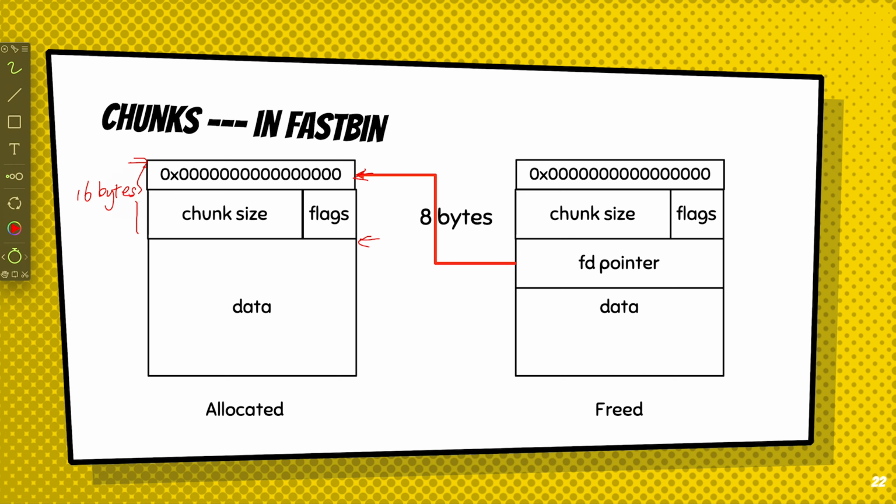It points to the start instead of the data. That's why if you look at a free chunk for fast bins and for Tcache bins, you will realize that the address stored is slightly different. And here is exactly the reason why. Even when the chunk is moved from fast bin back to the Tcache bin.